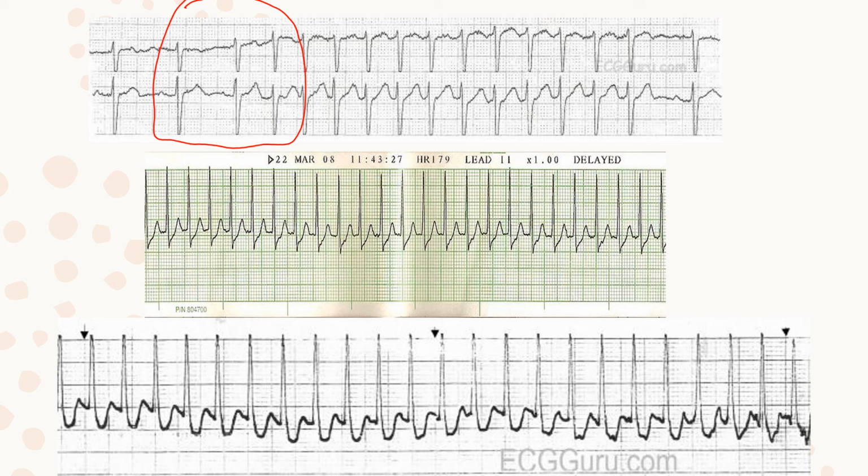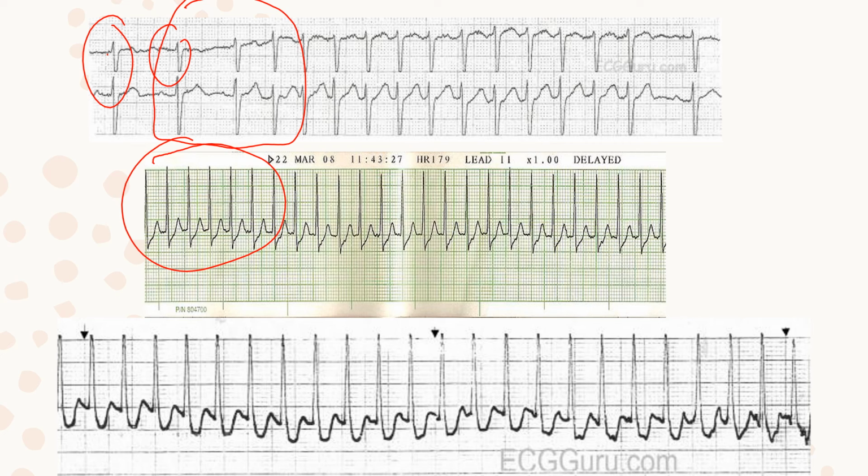So we have a rhythm that's going on here that's about 75 to 100 between these 2 beats. And then all of a sudden, we're in a rapid rhythm. In PSVT, we can't identify any P waves at all, and we're going to call that paroxysmal PSVT.